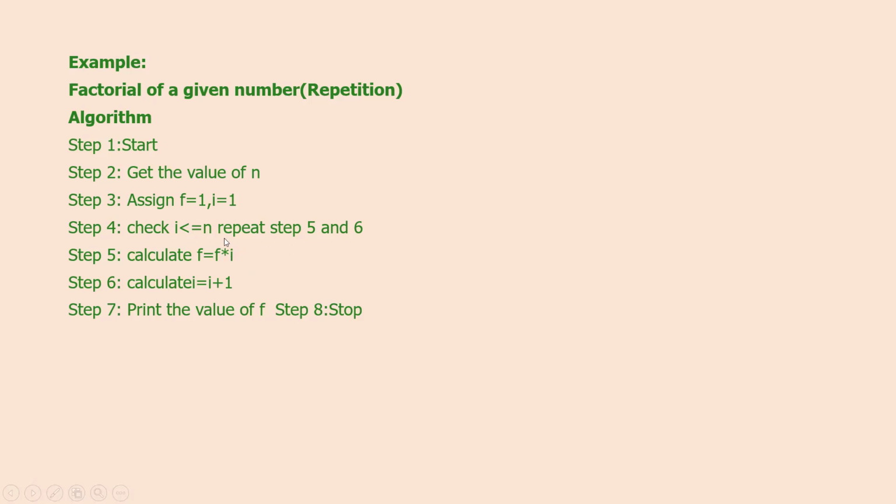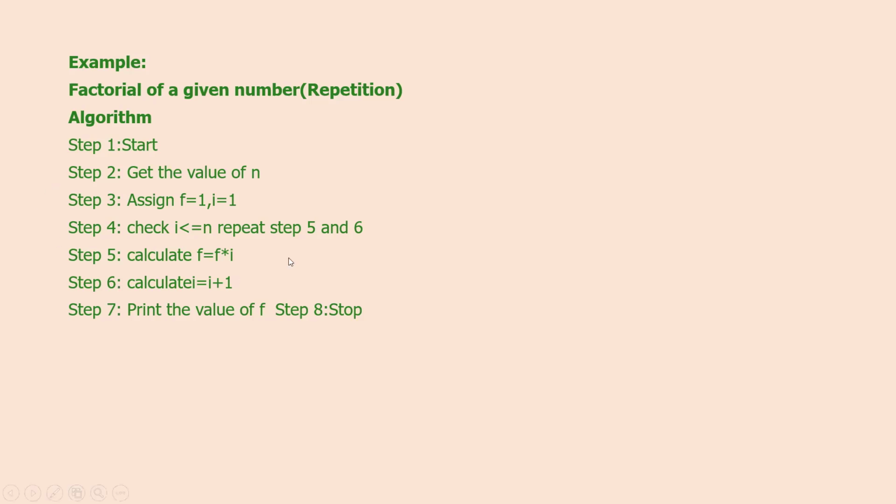First, f was 1 into 1. When I becomes 2, it becomes 1 into 2. When I becomes 3, f will become 2 into 3, which is 6. When I becomes 4, it will become 6 into 4, that is 24. When I becomes 5, 24 into 5 becomes 120.